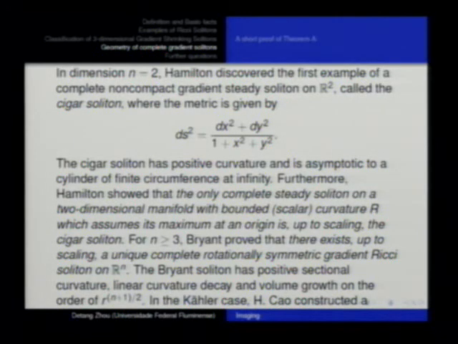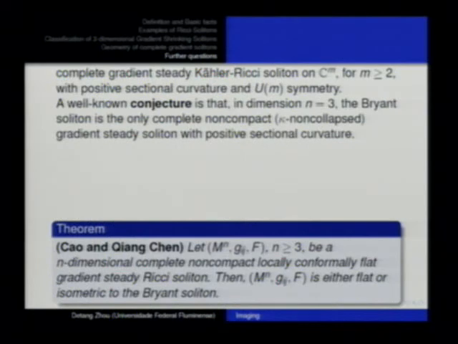We have mentioned that for steady solitons, we have the rotationally symmetric cases of Hamilton's cigar and the Bryant soliton. The conjecture is that in the three-dimensional case, the Bryant soliton is the only complete non-compact gradient steady soliton with positive curvature. You can see you have plenty of conditions, but it seems the conjecture should be provable. But it has been claimed by Perelman without proof. He claimed this is true, but without proof.